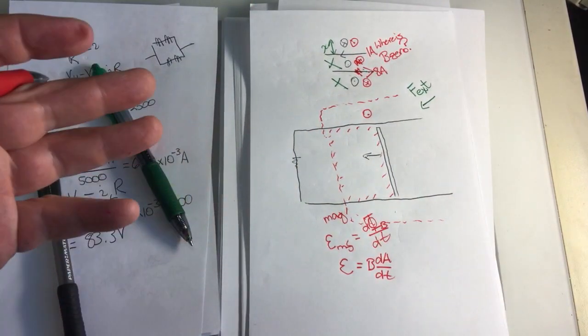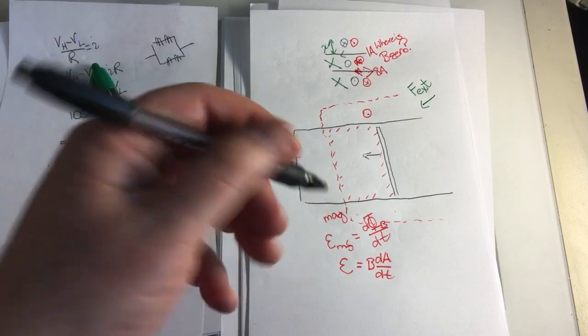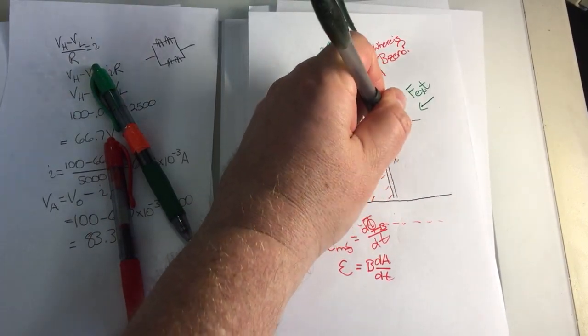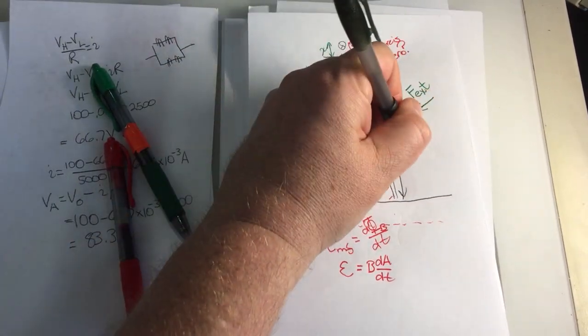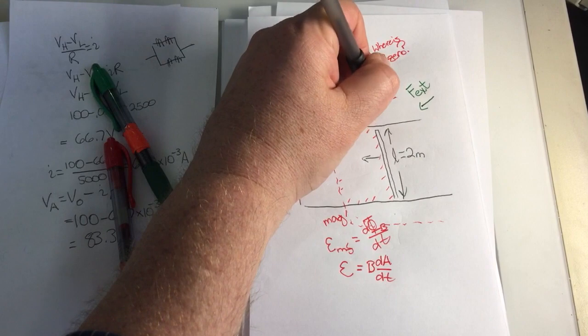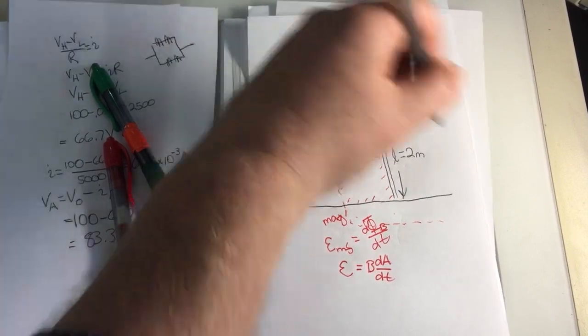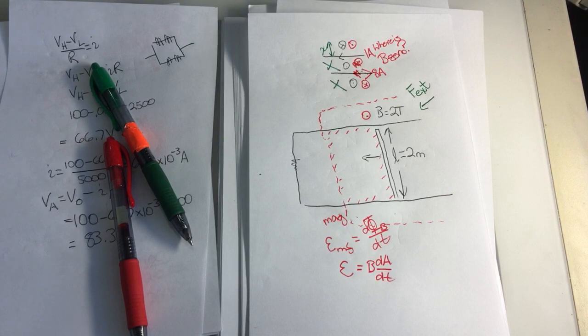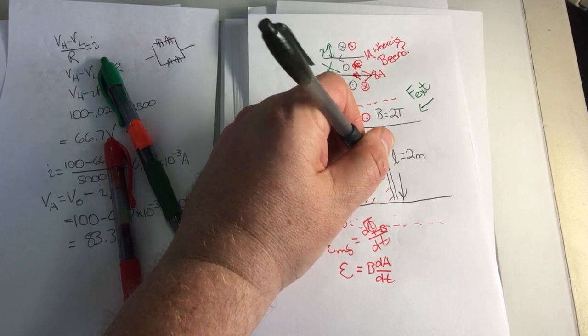Now area is length times width. So I've got to give you a length. Let's say the length is 2 meters. I'll even be nice. I'll say that the B field is out with a magnitude of 2 Tesla. I'm a giver. It's not a necessary value, but I'll give it to you. The velocity is moving at 10 meters per second.